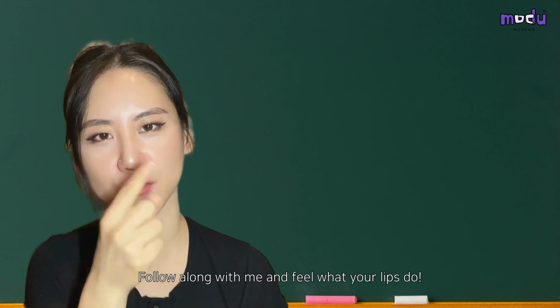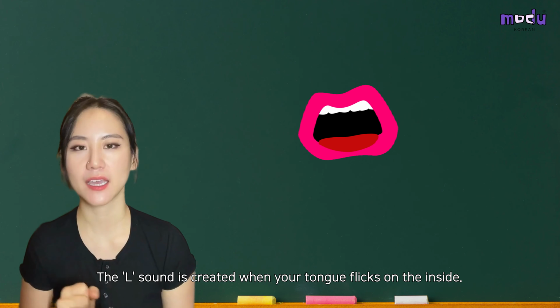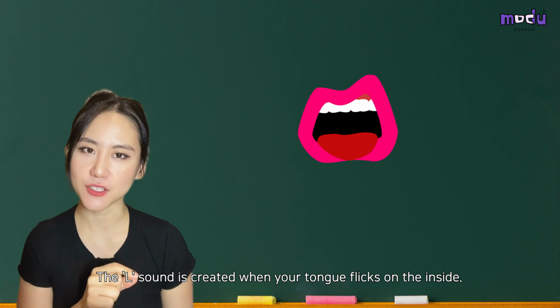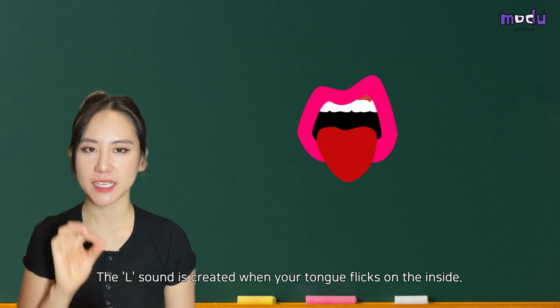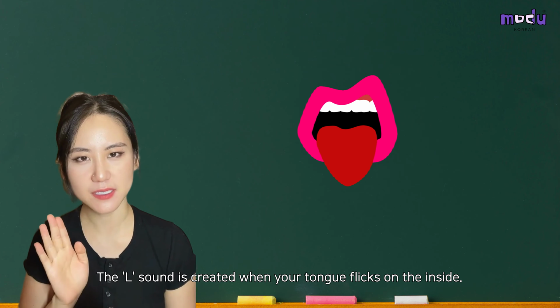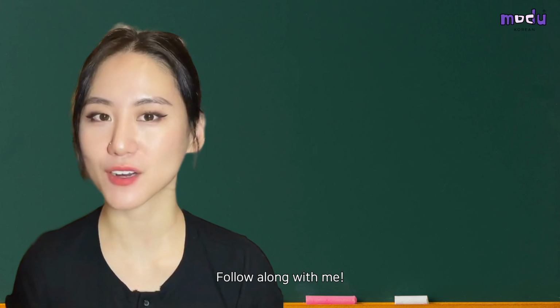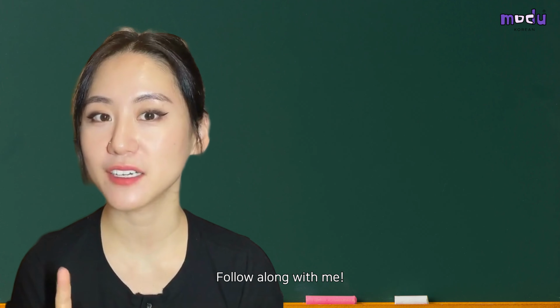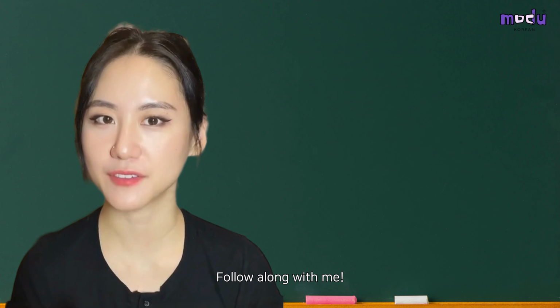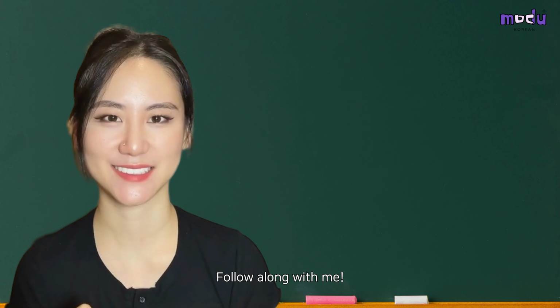So it's the lips that create that R sound, that rolling sound. The L sound, on the other hand, is created by the very strong tongue flick that happens in your mouth when saying that sound. For example, love, love. Say it after me. Love. Letter.